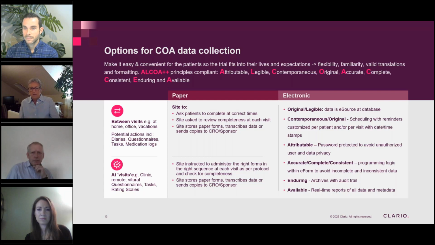Enduring is talking about the archive, so we must have a readable and accessible archive throughout the period of when it might be needed. And then available data, which is the last of the integrity principles, means that the data should be accessible in a readable format to all people who are responsible for review of that data. And again, on paper, that becomes more and more difficult to do.